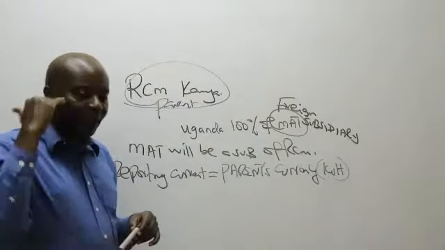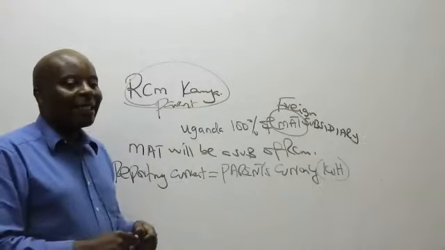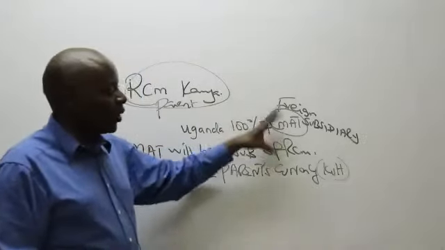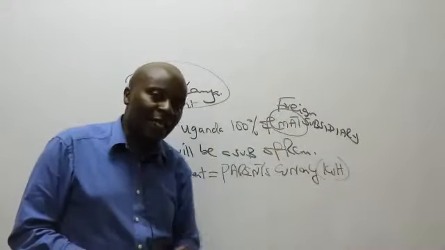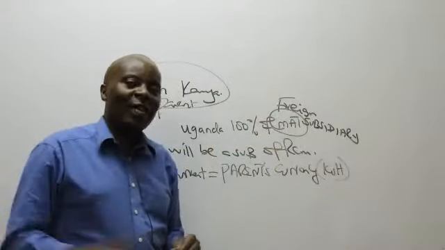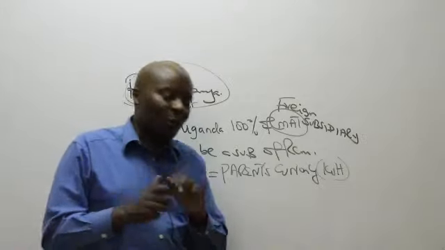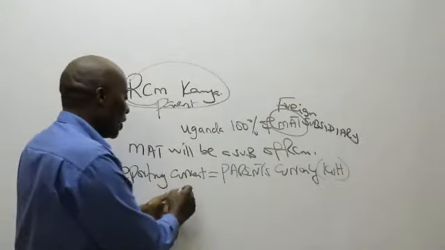The Kenya shilling will be the reporting currency, the parent's currency. The other currency here, of course, we have got two currencies involved, we have the Uganda shillings. So in this case, the foreign subsidiary currency will be just a functional currency. Although I don't want to go into that, the most important thing is for us to appreciate that in group consolidation, we shall be taking the figure of the parent.